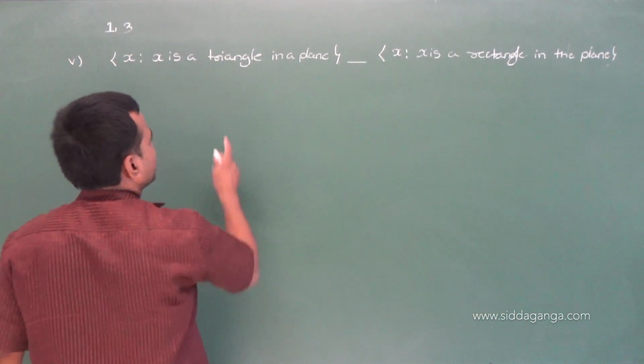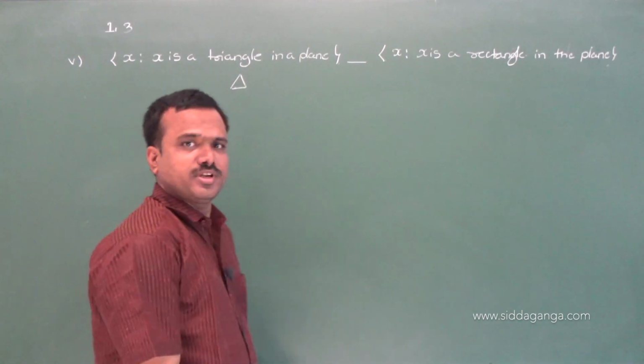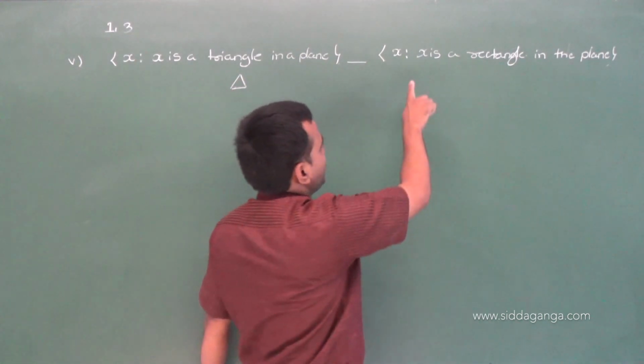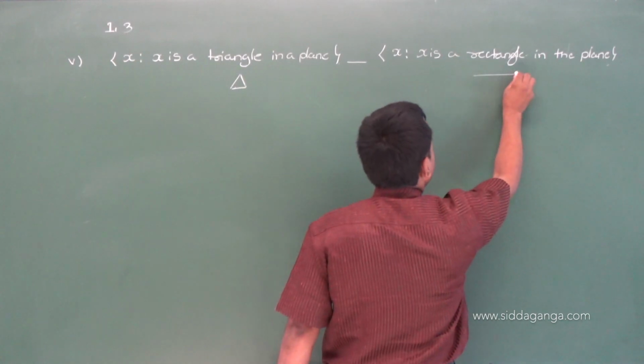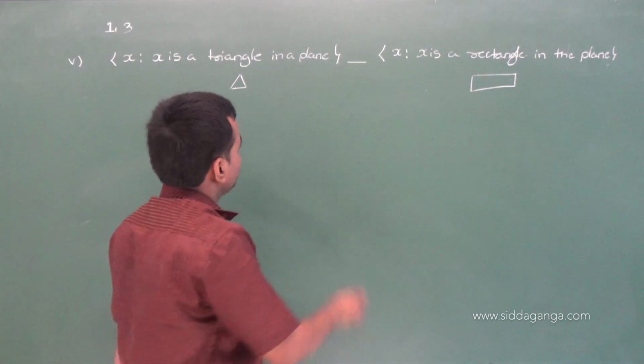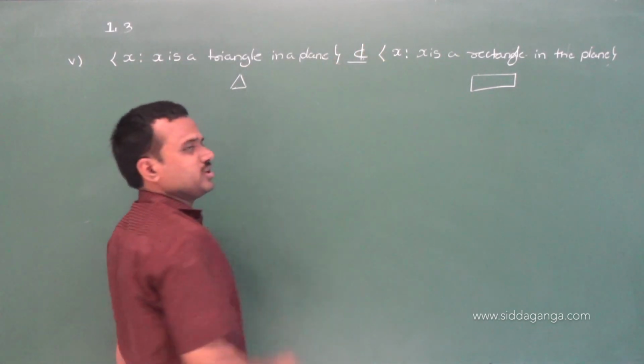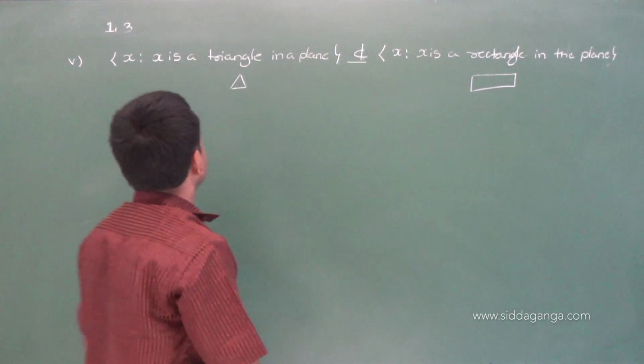So X is a triangle in the plane means it contains 3 sides. X is a rectangle in a plane means it contains how many sides? 4 sides. So no doubt, is it a subset? No, it is not a subset.